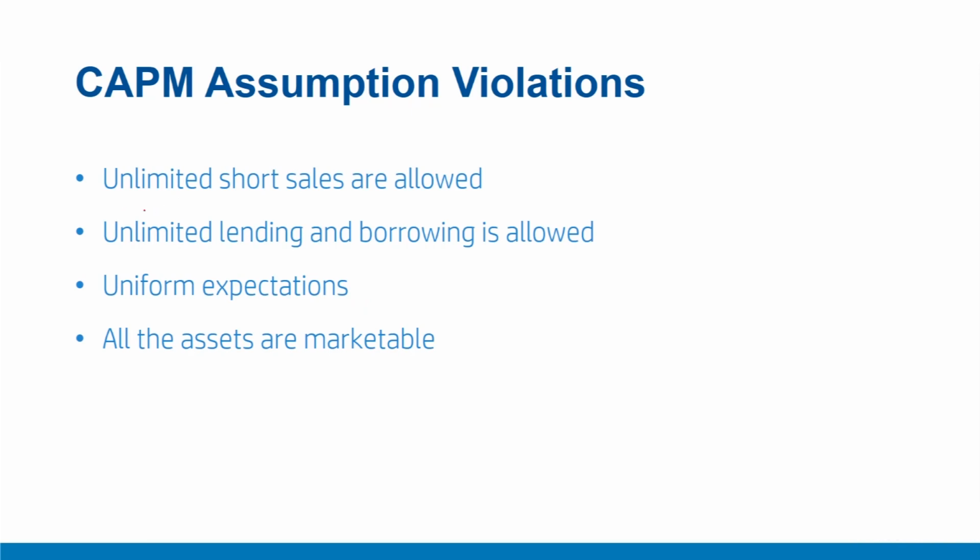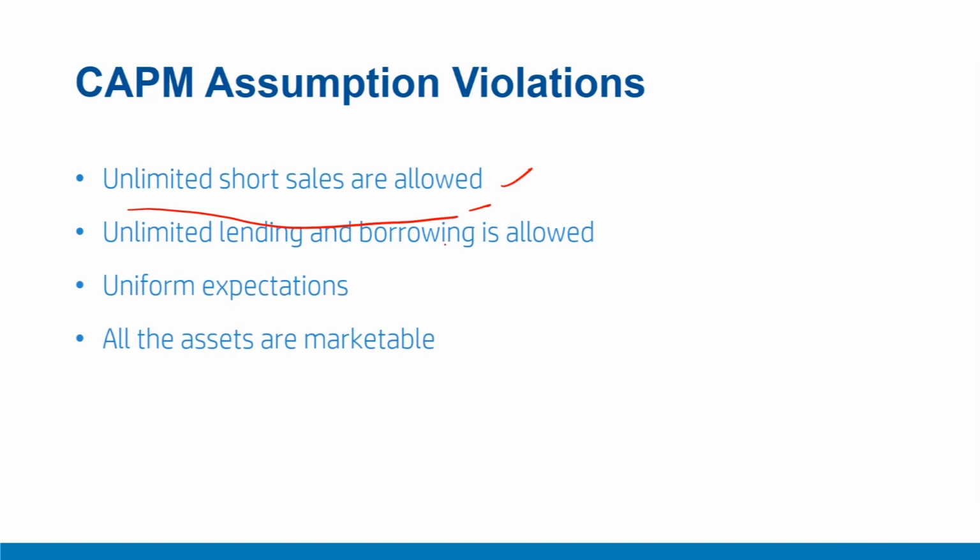Next, CAPM assumes that unlimited short sales are allowed, that one can short sell an unlimited amount of a security. However, different markets restrict short selling through different regulations, and most of the markets do not allow short selling in a fully free manner. So this assumption is also not exactly a depiction of real life.